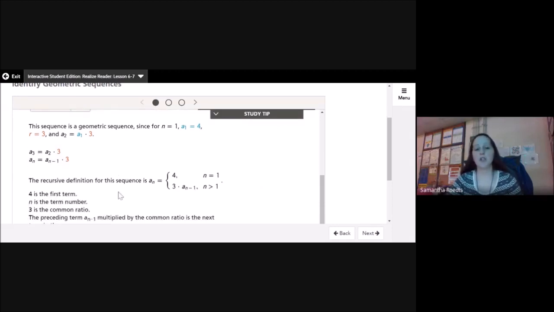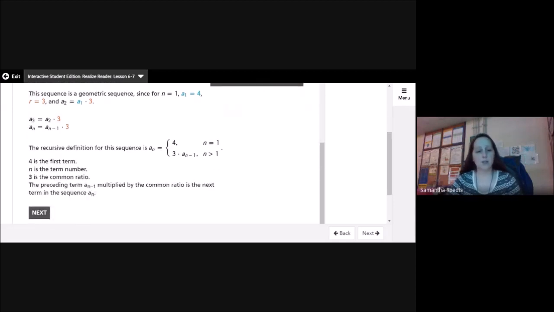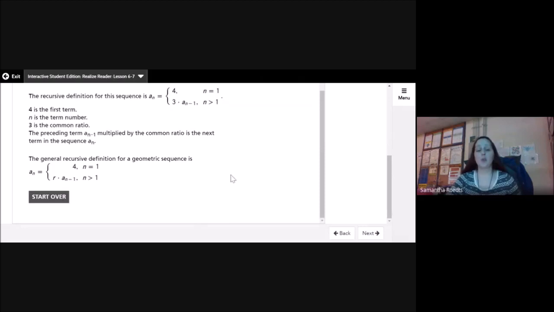So the recursive definition for this sequence is a sub n equals 4, where n equals 1, and 3 times a sub n minus 1 when n is greater than 1. 4 is the first term, n is the term number, 3 is the common ratio, and the preceding term, a sub n minus 1, multiplied by the common ratio, is the next term in the sequence, a sub n. So the general recursive definition for a geometric sequence is a sub n equals a sub 1, when n equals 1, and r times a sub n minus 1, when n is greater than 1.